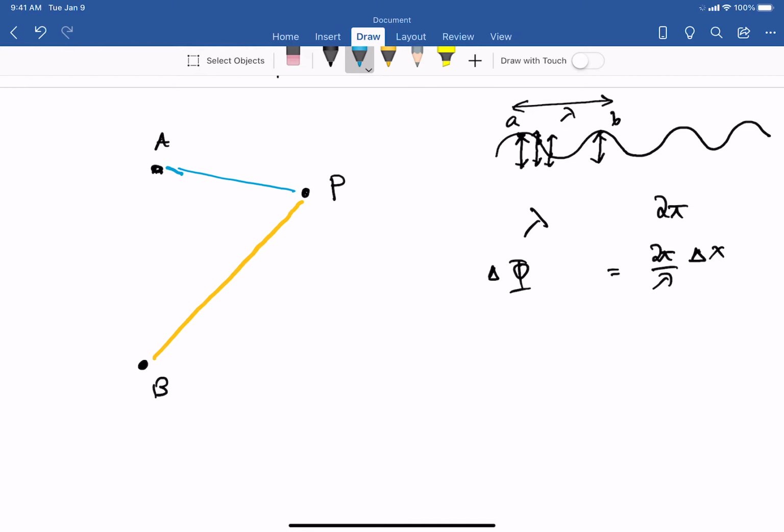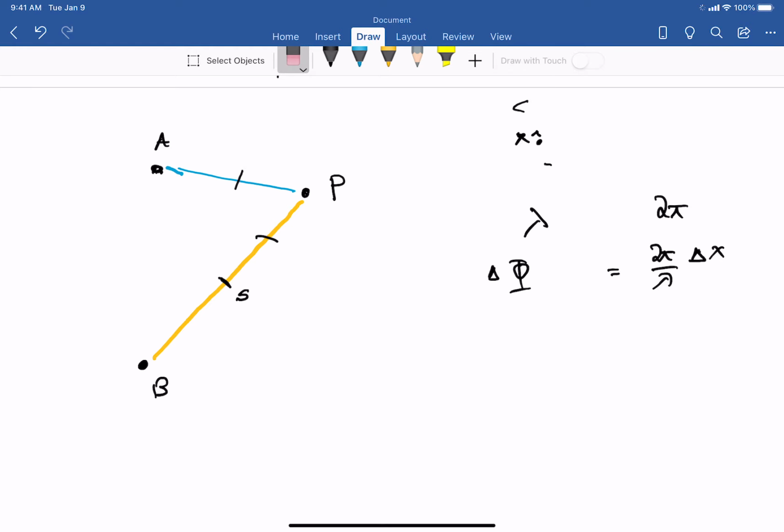Let's consider a point S, maybe a point S on this longer distance here, such that AP is equal to SP. So we are choosing the point S such that AP is equal to SP.